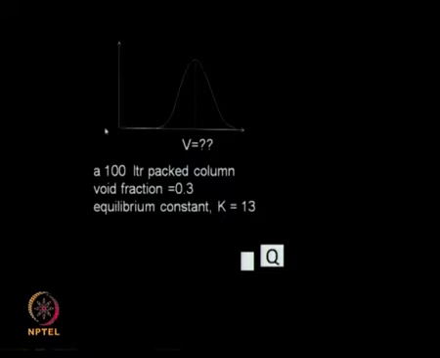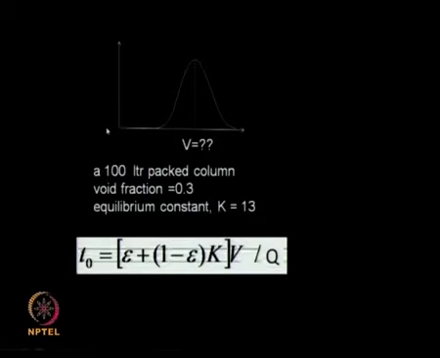Again we use one of those equations, where T naught equals (epsilon plus (1 minus epsilon) k) V by Q. This is the elution time. When I multiply it with Q, the flow rate, I get Q T naught, which is the elution volume.